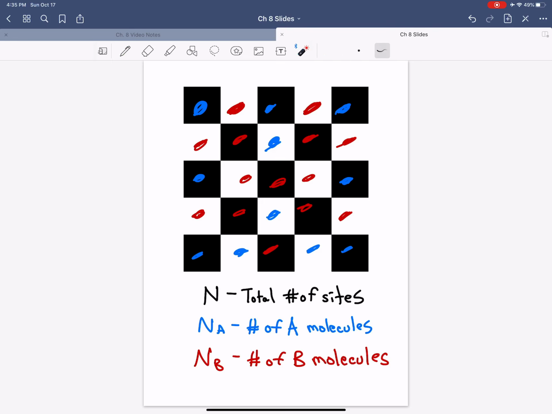But the picture we're looking at now is only one possible combination of how we can arrange the molecules. Right? And another conceivable instance, let's say we just switch the places of some of the red and blue molecules.